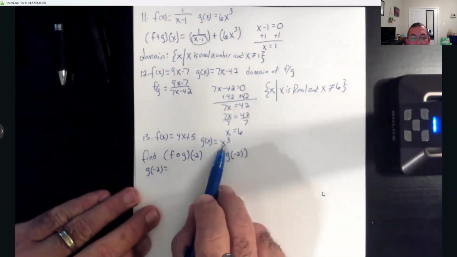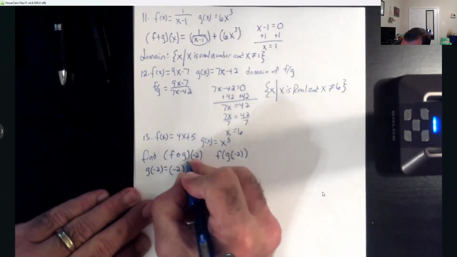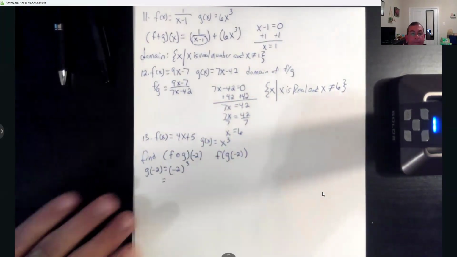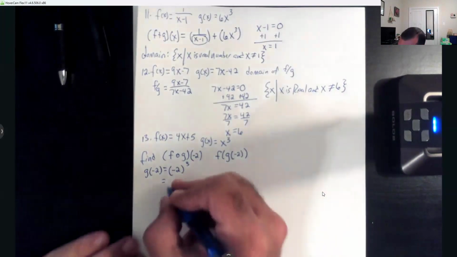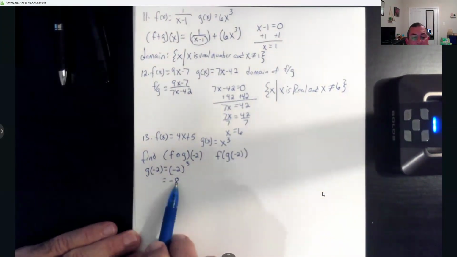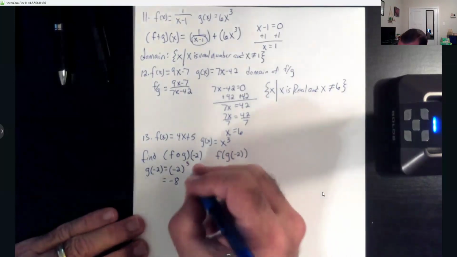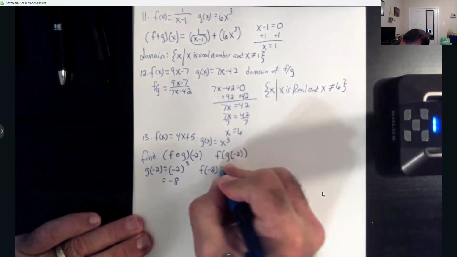Well, that's just putting the negative 2 in for that x, so that I got negative 2 to the third power. Oh, y'all, so negative 2 times negative 2 is 4. 4 times negative 2 is negative 8. So since g of negative 2 is negative 8, we now find f of that negative 8.